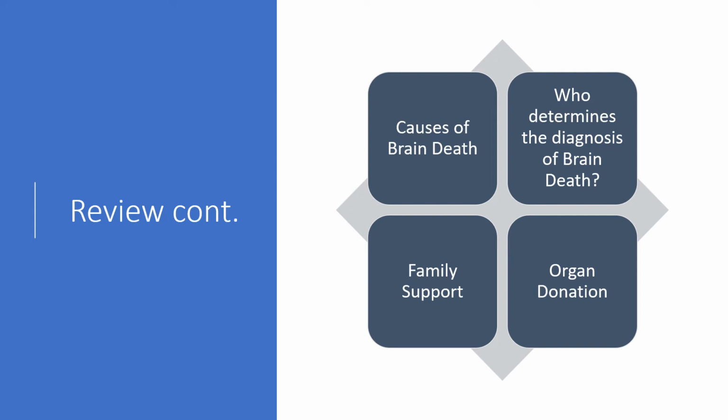And of course, do we have good support for the family members, the substitute decision maker, and the loved ones of this affected individual? And what is the path to organ donation? Do we have the team? And are we involving the family already?